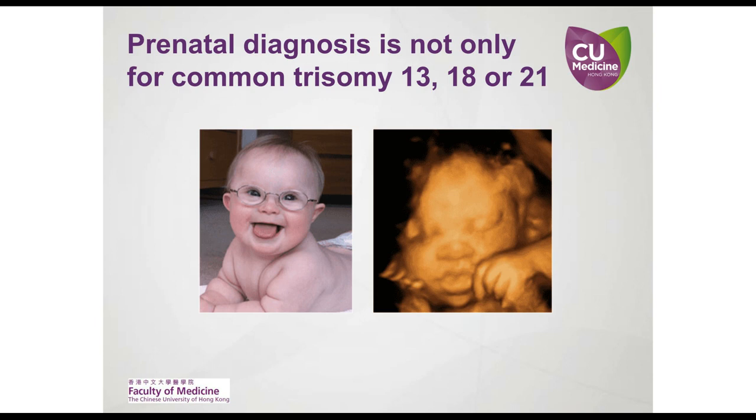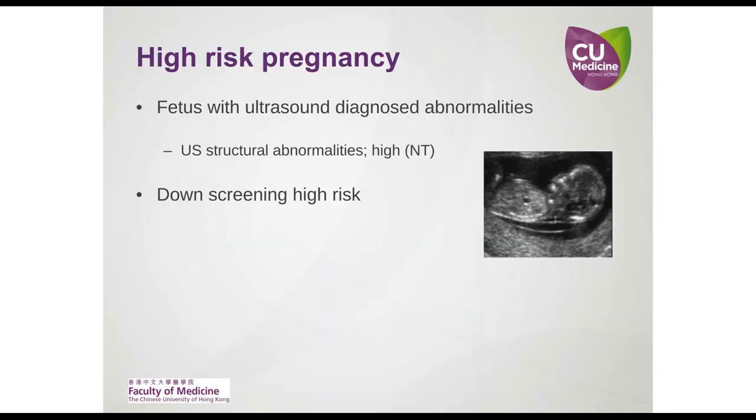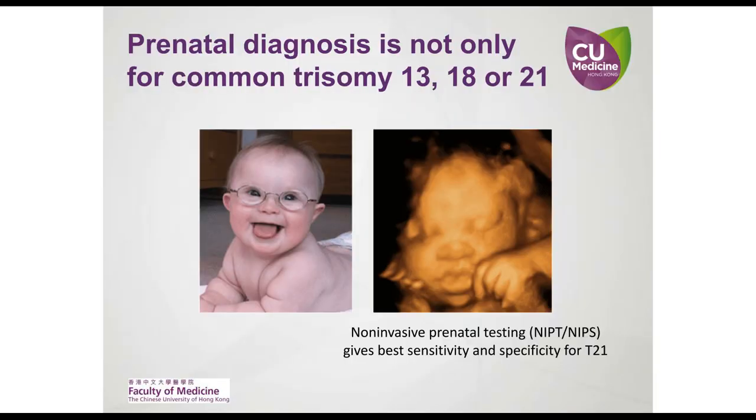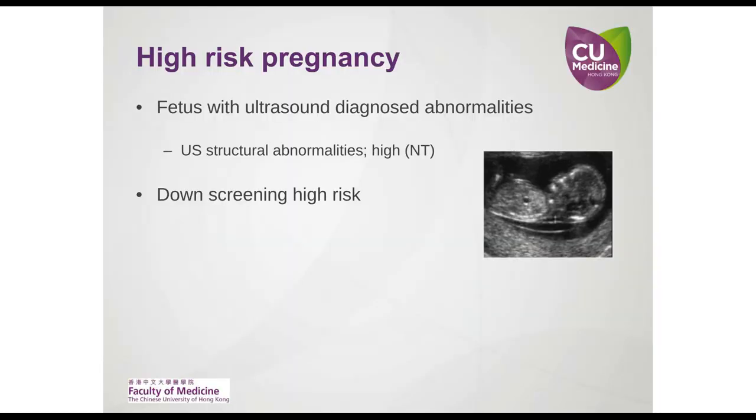And trisomy 13 and 18 are even not compatible with life. But now we all know that this has been taken care of well by non-invasive prenatal testing because it gives a very good sensitivity and specificity, particularly for trisomy 21. But in fact, when we're talking about prenatal diagnosis for high-risk pregnancy, we are talking about fetuses with different types of ultrasound abnormalities.